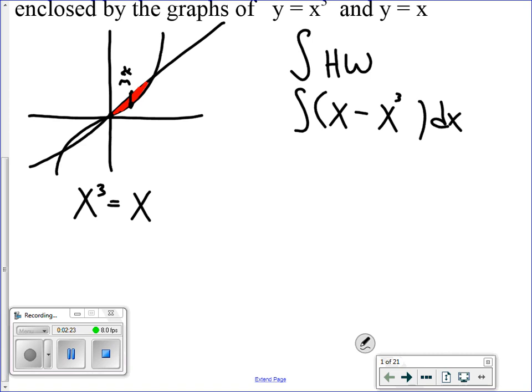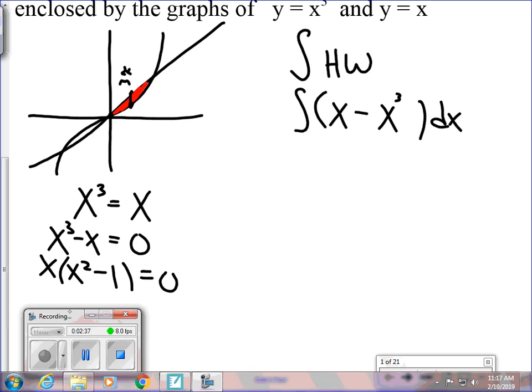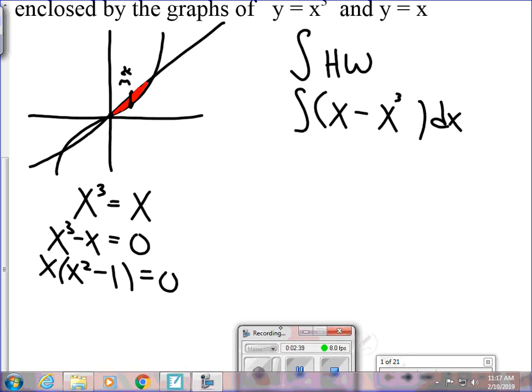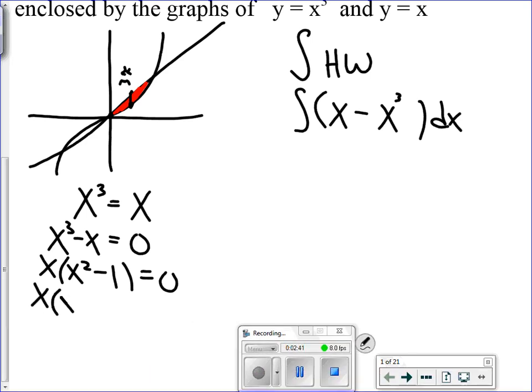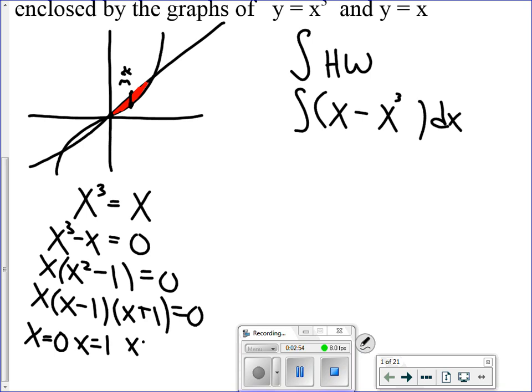To solve that, we get them equal to 0, and we can factor. Now we can further factor the x squared minus 1, x minus 1, x plus 1. So there are actually 3 points where these two graphs intersect, and the x-coordinates of those points are 0, 1, and negative 1.